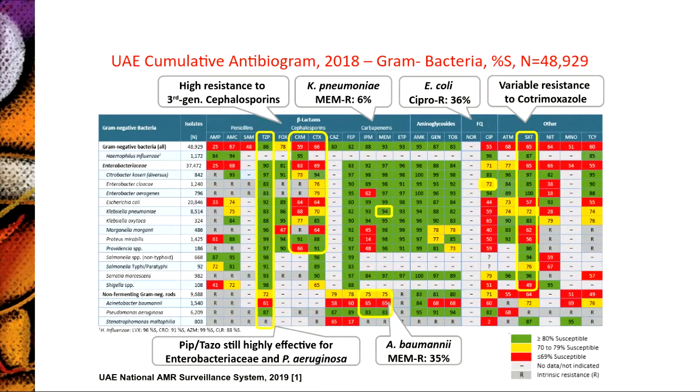So what is an antibiogram? An antibiogram is a table of your antibiotics and bacteria in the last year, and you calculate the isolates and see the percentage of sensitivity. If you have, for example, 80% or 90% and above sensitivity, this means you can use it empirically. If it's less than 80, you cannot use it empirically alone, so you need to use it in combination. This is the concept of an antibiogram.